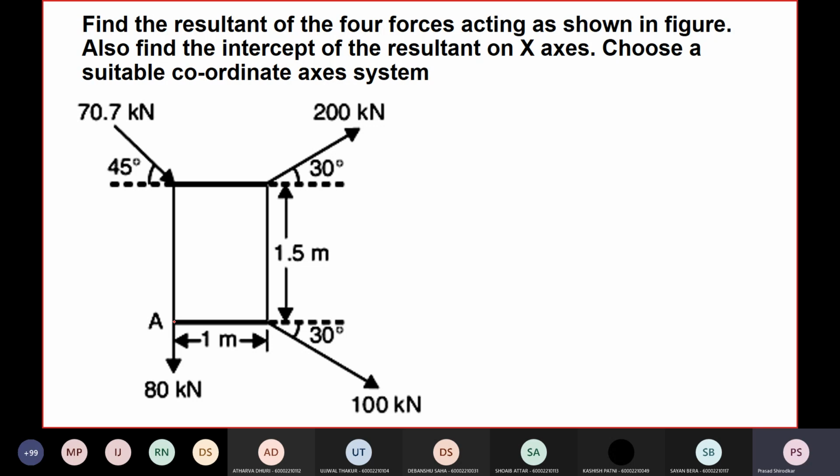So I am going to again take this A as the coordinate origin, and this is my x-axis. This is my y-axis.